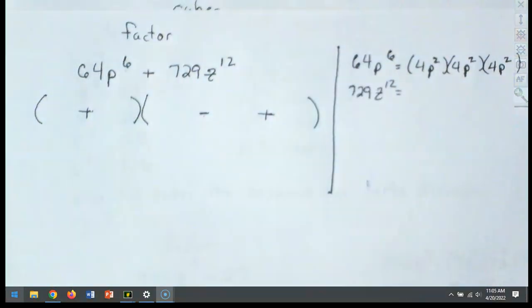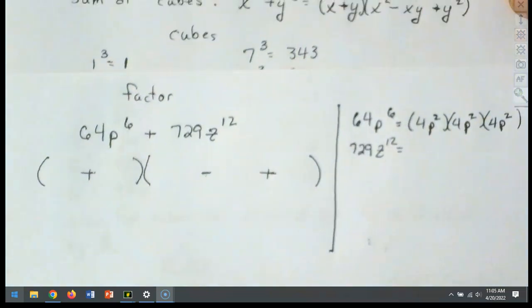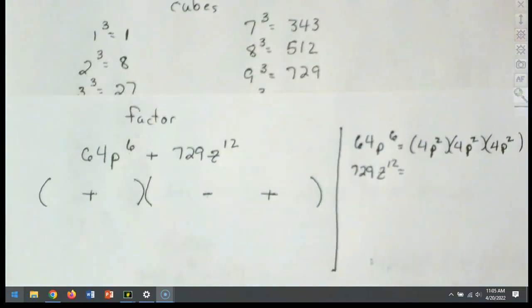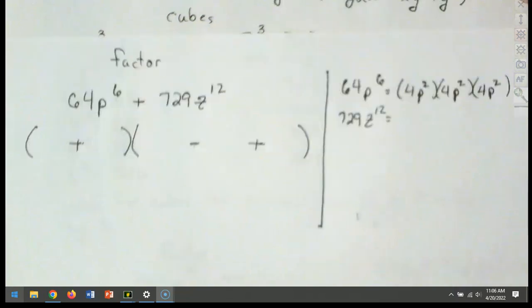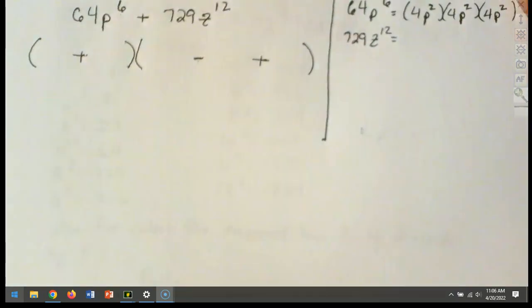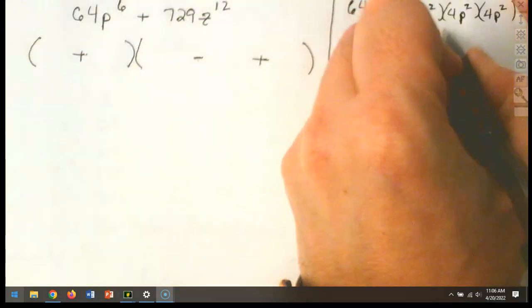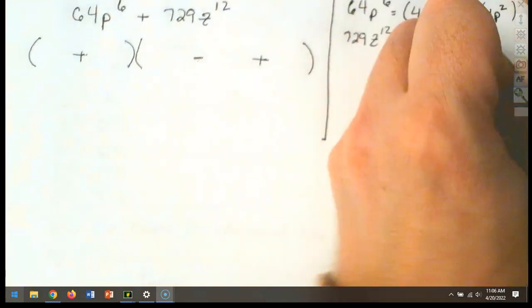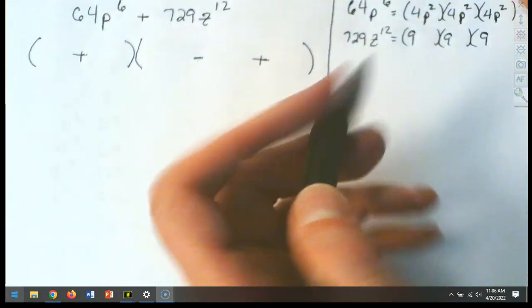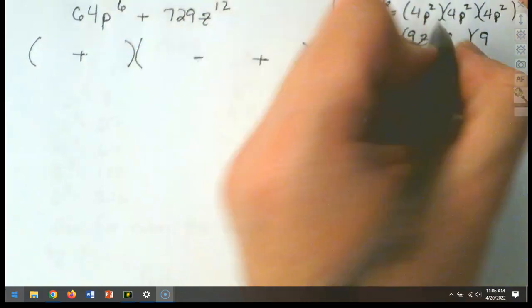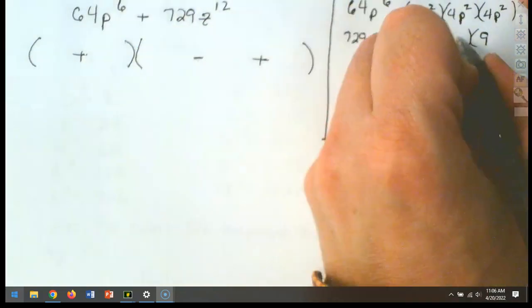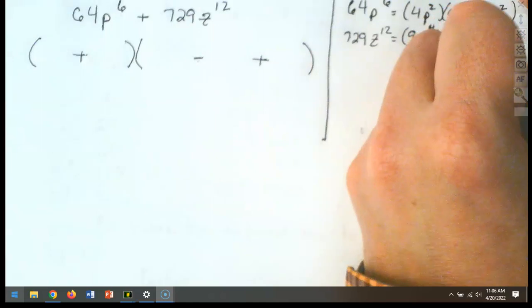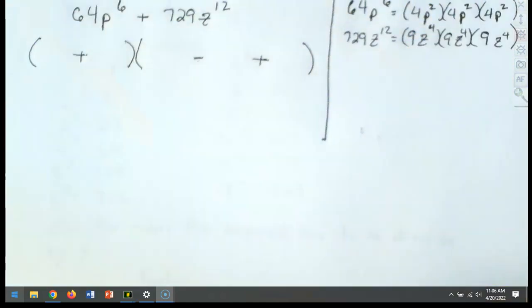If we go back and look, 729 is right here. And that's 9, right? So that's going to be splitting up 9, 9, and 9. Z to the 12th, well, that's z to the 4th, z to the 4th, and z to the 4th, right? We split our 12 up 3 ways.